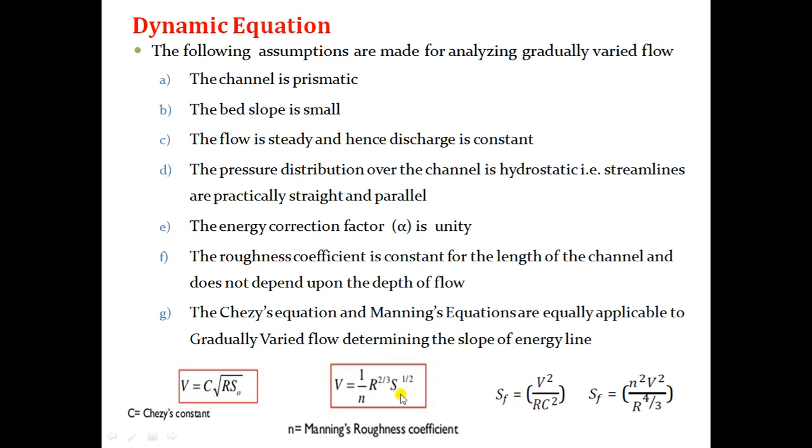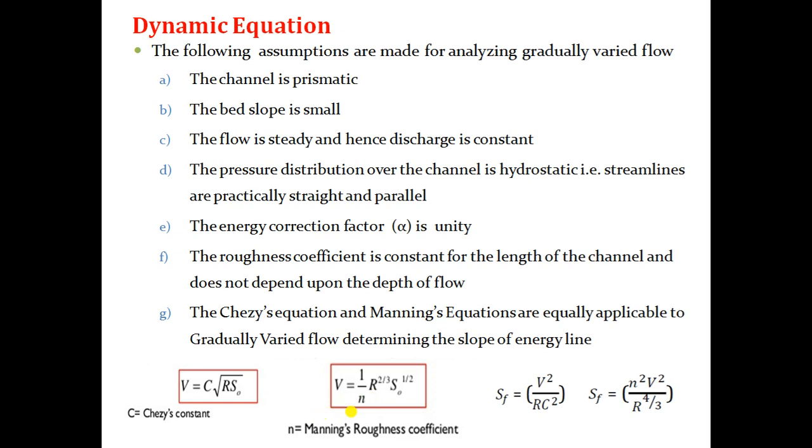In the same way, we have Manning's equation. V equals 1 by n R raised to 2 by 3 S naught raised to 1 by 2, where n is Manning's roughness coefficient, R is hydraulic mean radius and S naught is slope of bed of channel.